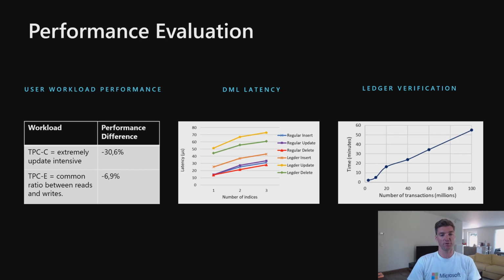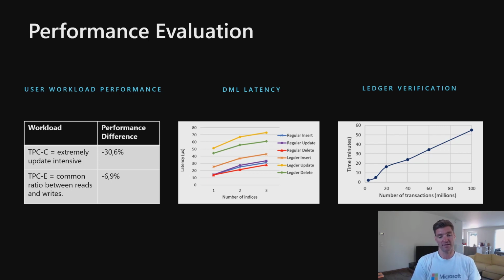First of all, for user workload performance, we did two different types of testing. We did a TPC-C test, which is extremely update intensive. And then we also did a TPC-E test, which has a more common ratio between reads and writes. As you can see here, the performance difference compared to a normal table is a 30% impact on a TPC-C load due to the high frequency of the updates.